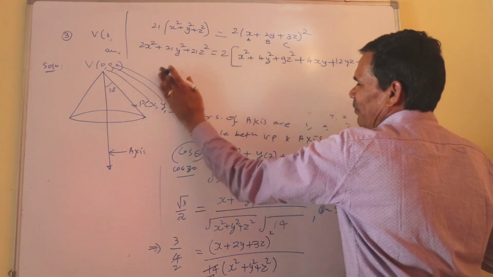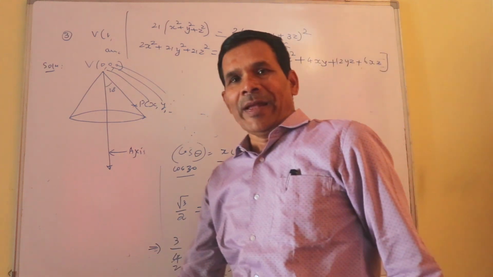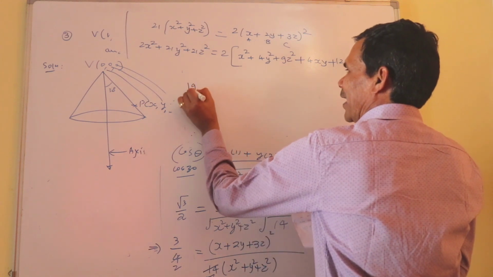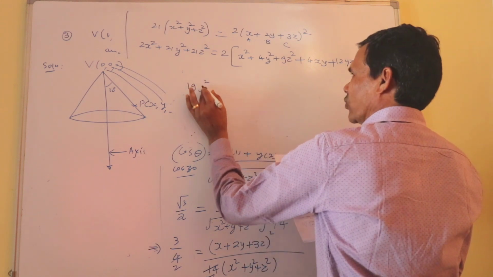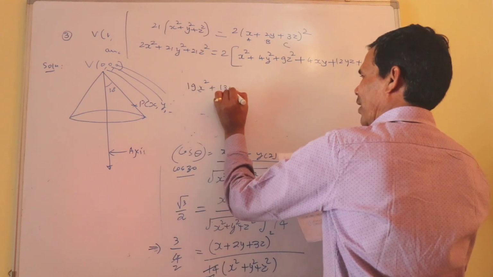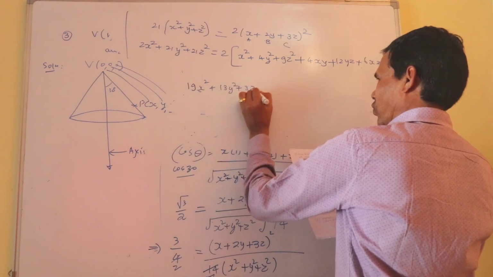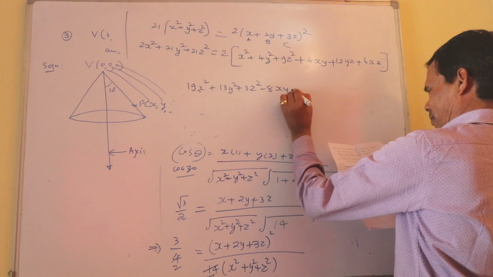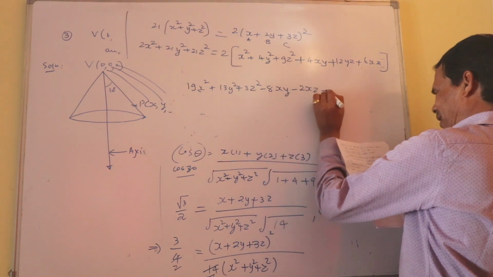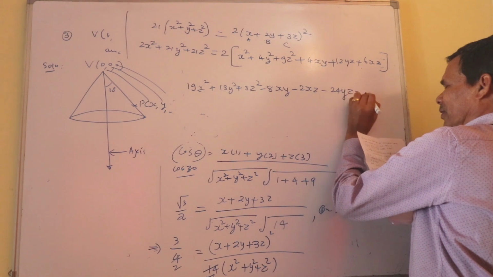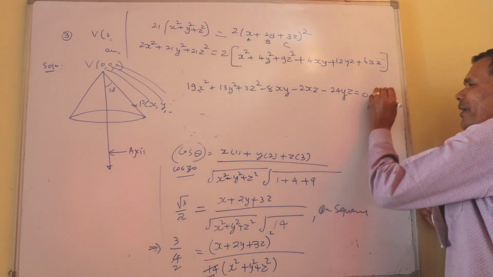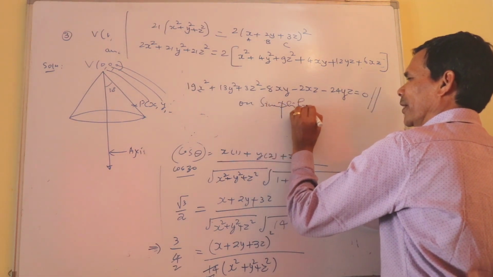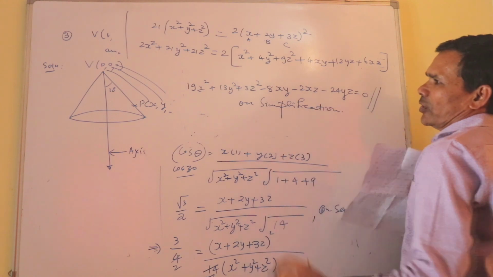If you simplify this and rearrange the terms, you get the required equation of the right circular cone as 19x square plus 13y square plus 3z square minus 8xy minus 2xz minus 24yz equal to 0. So this is the required equation on simplification.